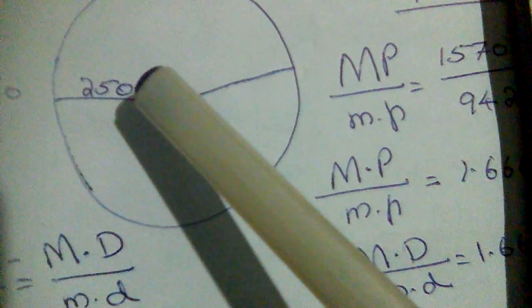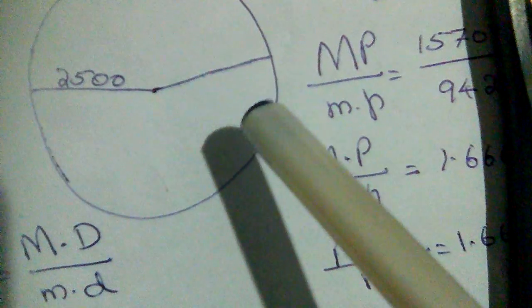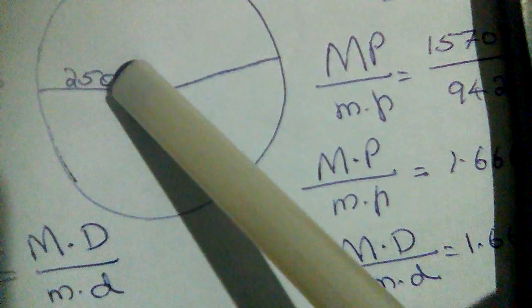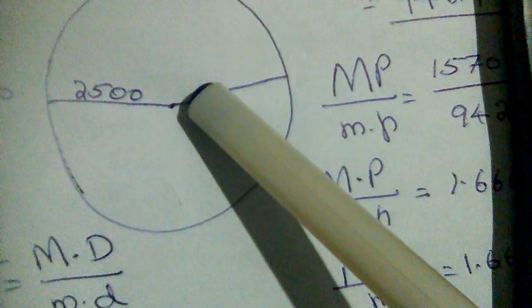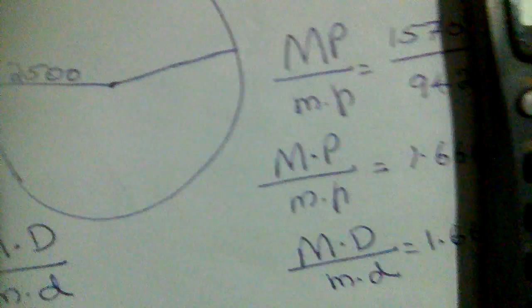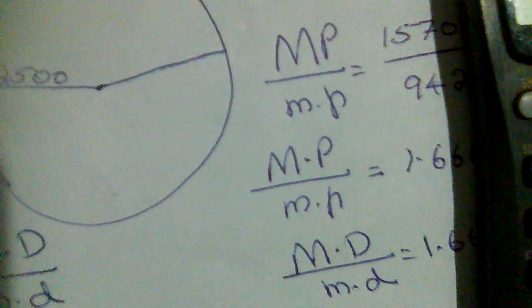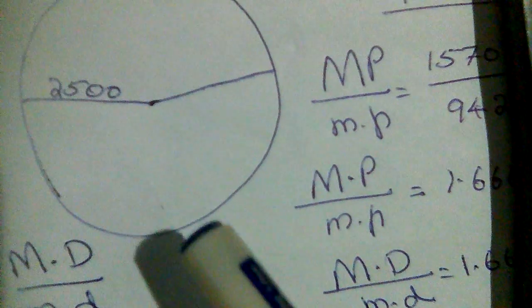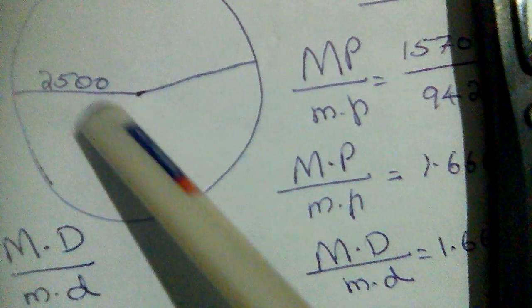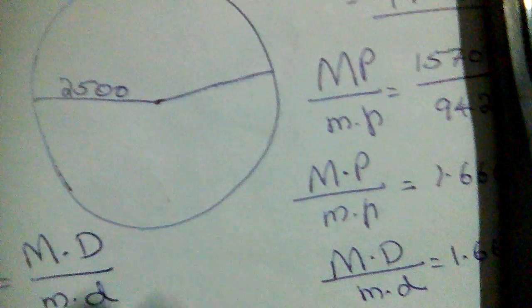Next, we have to find out the degree of the development, which has a development degree of 180 degrees. Now we shall check what the degree of this development will be.